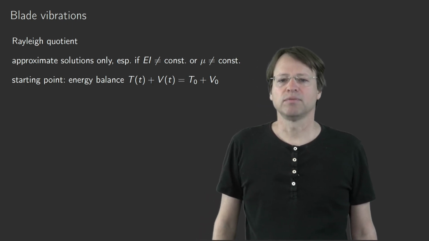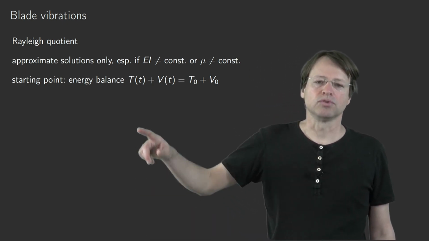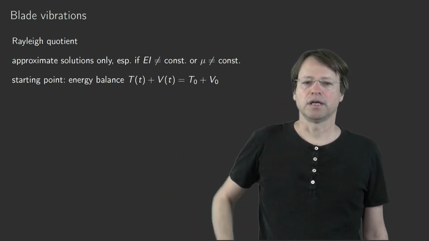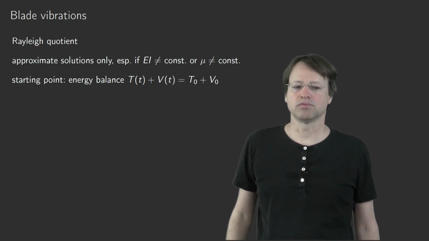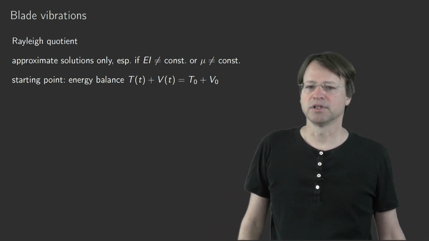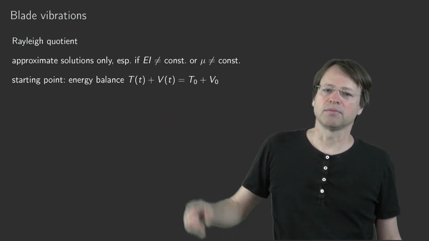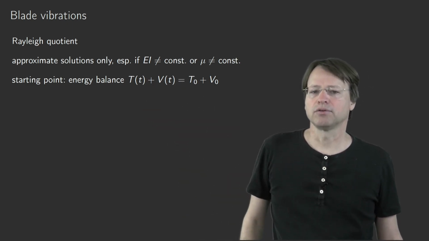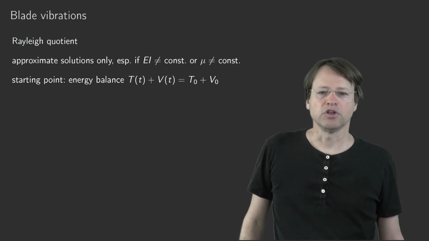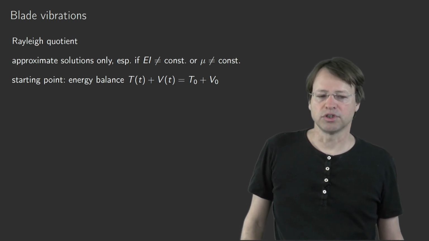The starting point will be the energy balance between two states at time t and at time t equal 0, for example, or some other time. That energy balance is formulated with the kinetic and the potential energy, as there are no dissipative forces included in our modeling procedure.